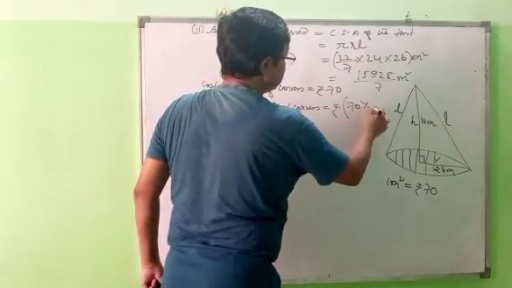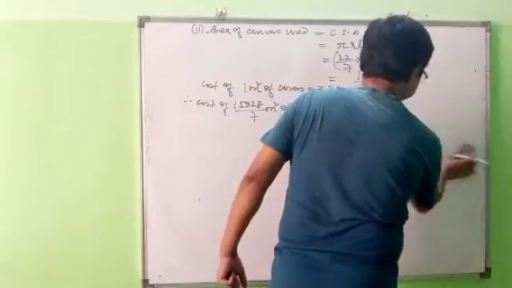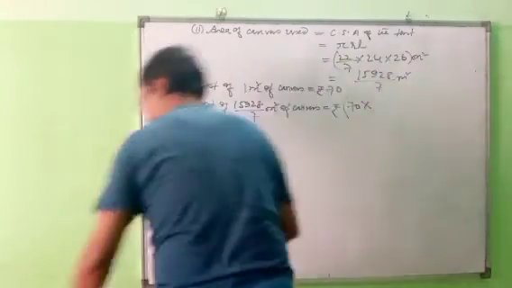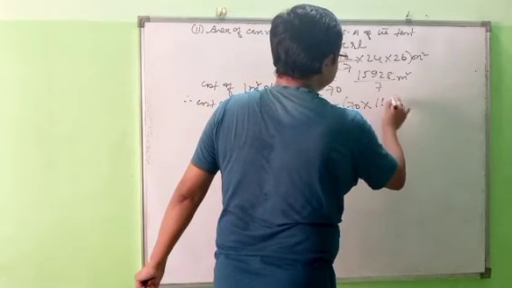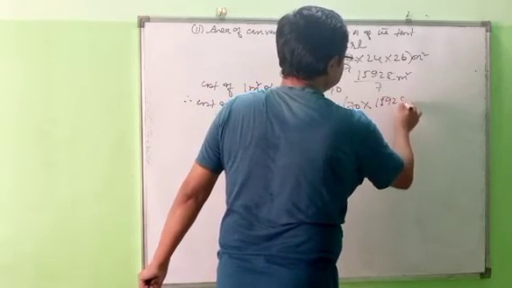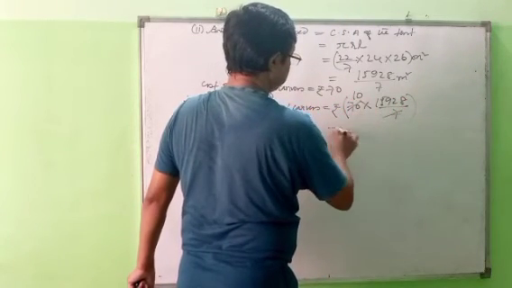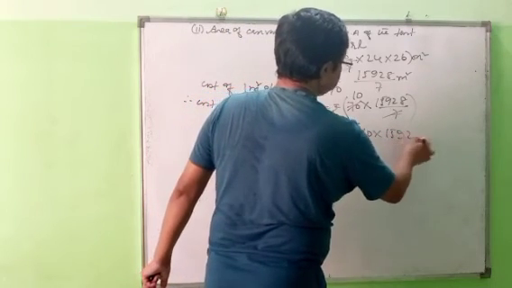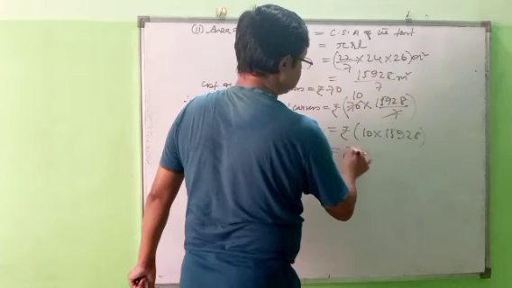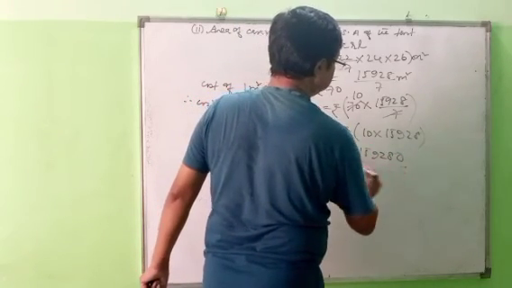So 70 into 15928 divided by 7. By cancelling, you will get rupees 10 into 15928. So this will be the total cost of the canvas.